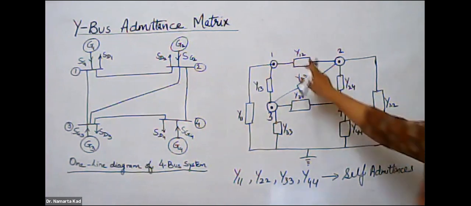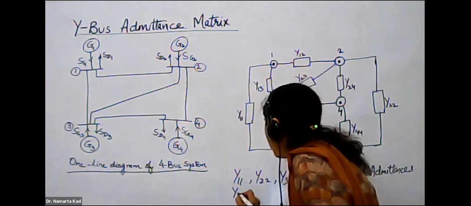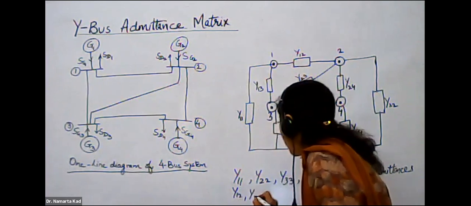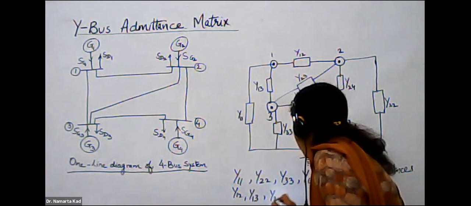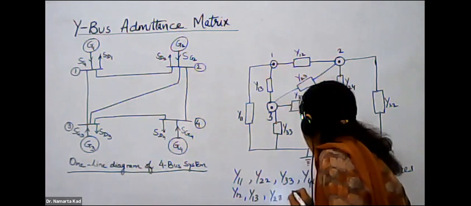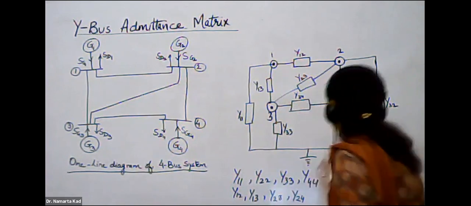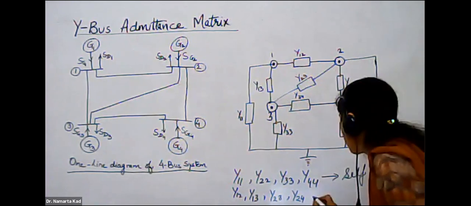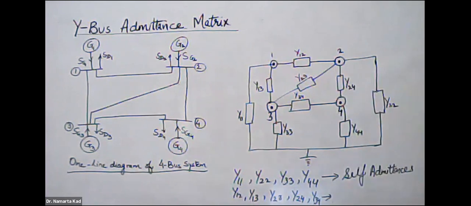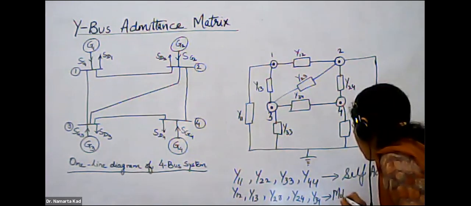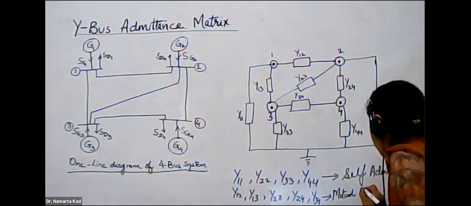And this one Y12, Y13, Y23, Y24, and Y34. These admittances are called the mutual admittances.